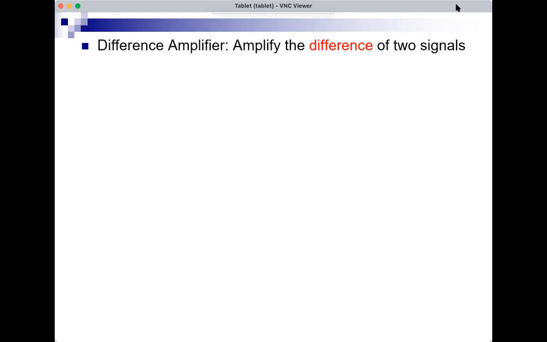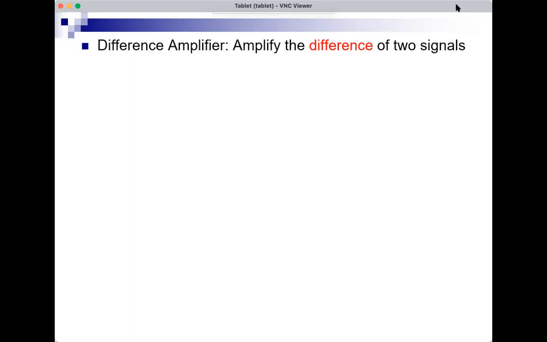But this is not what I have in mind. This is not what I need. I don't want a circuit that will give me some infinite gain times the difference V2 minus V1. I want maybe a gain of 20. So I want an output signal which is 20 times V2 minus V1, or 10 times, or something like that.